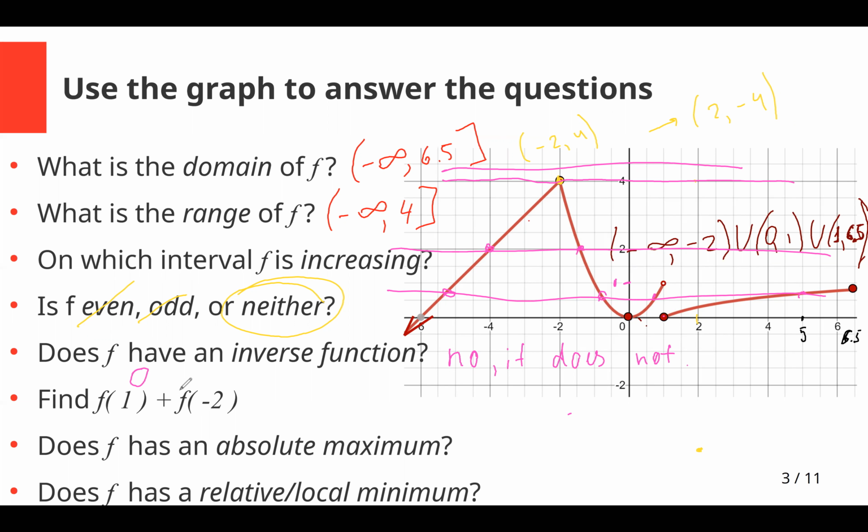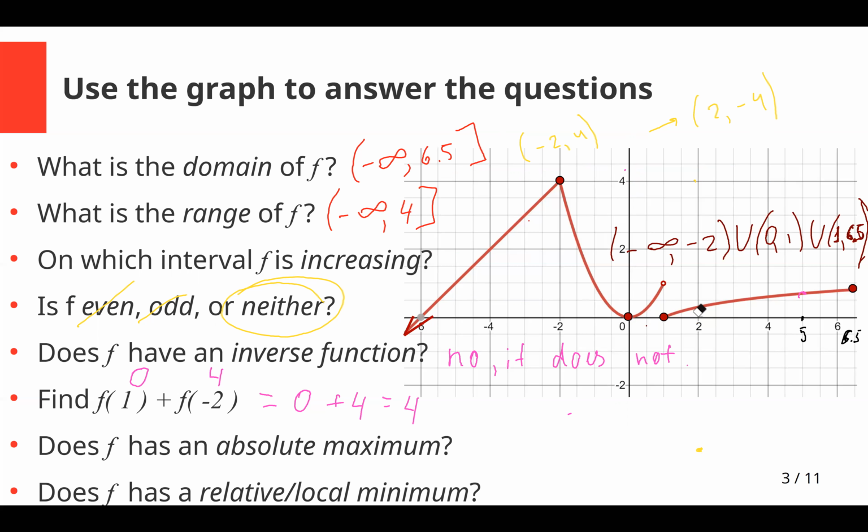Now, f of negative 4, we go over here, we grab this value, it's a 4, right? So I'm putting 4 here. So it is 0 plus 4. So I'm getting a 4, right? Now, while I'm doing this, I want to erase some things like this so that it will be cleaner.